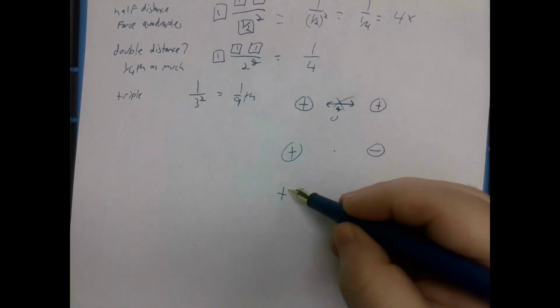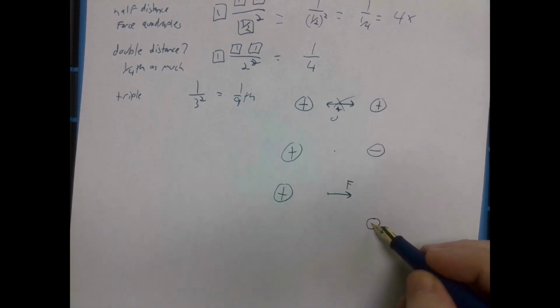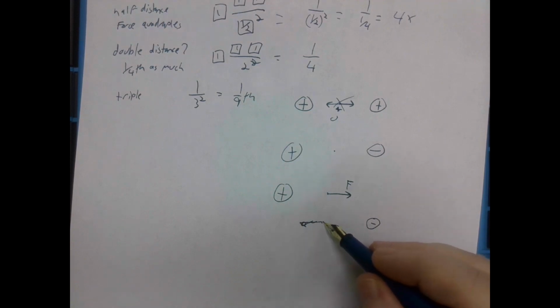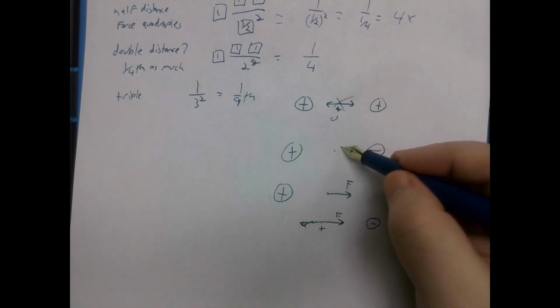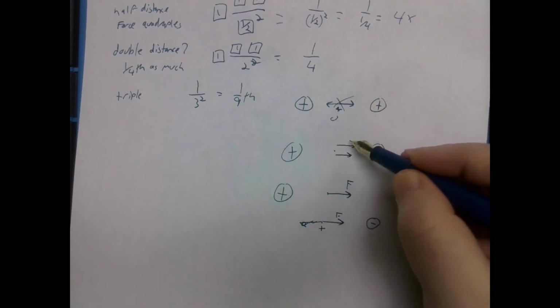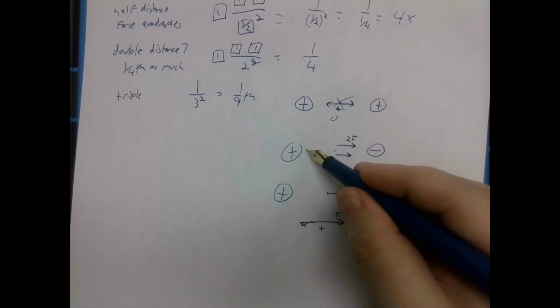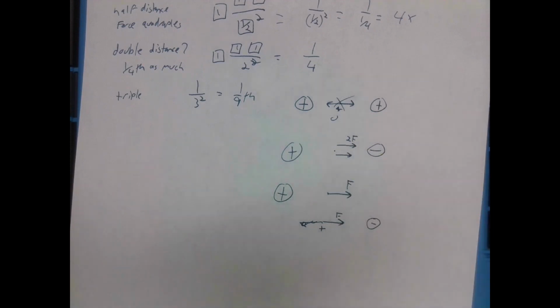If I have just this scenario, I have a force F. It would be an attractive force, because I assume this is positive and that's negative. And thus, if I combine the two, 2F. So the point in between would be twice as strong as having just one charge.